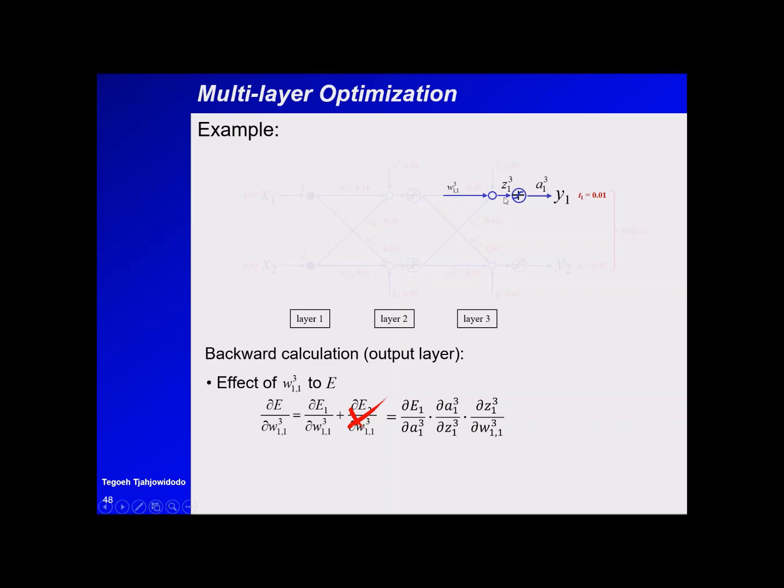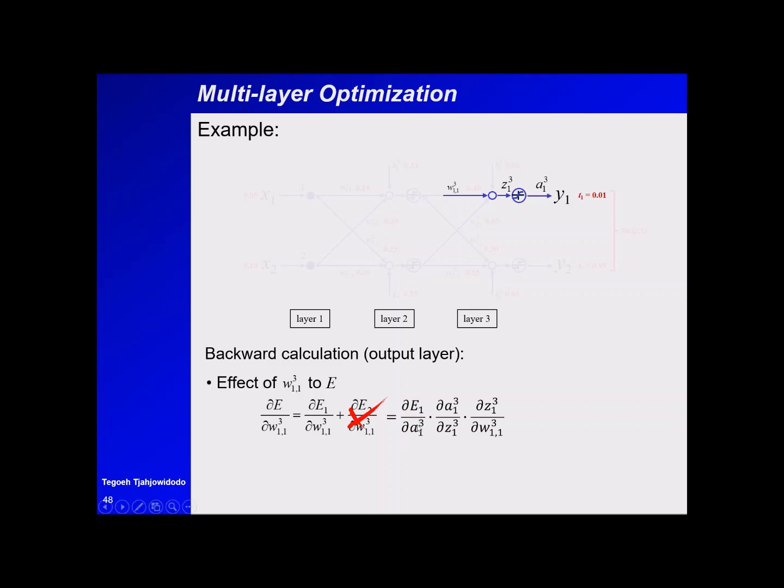So if this is indicated as Z13, the output of this node, and this is indicated as A13, the output of this activation function, then the first derivative of the first error E1 with respect to W113, it's just a chain rule again, will be equal to the derivative of the error with respect to A13, which basically A13 is Y1.